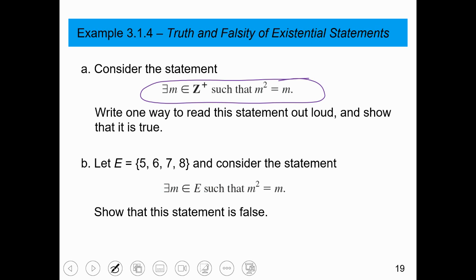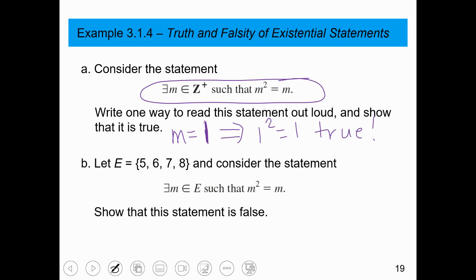So to prove this is true, we simply need to find at least one value for m in the set of positive integers that would make this statement true. And certainly, if we allow m to equal 1, then 1 squared equals 1 is true. So we found that at least one number exists among the positive integers.